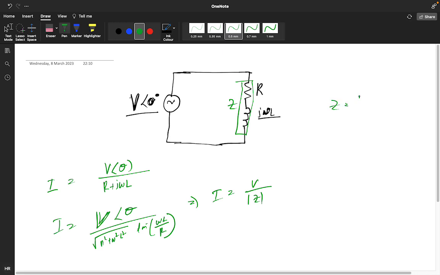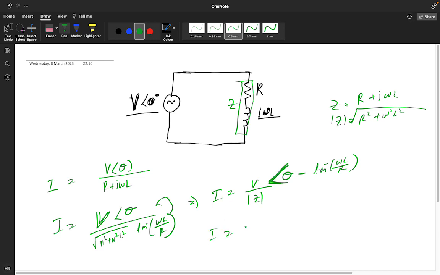Because Z is equal to R plus j omega L, so the mod of Z value will be root under R square plus omega square L square. That's why I have written V by mod Z, and the angle was theta, and this angle is going upside, so it becomes minus tan inverse omega L by R.